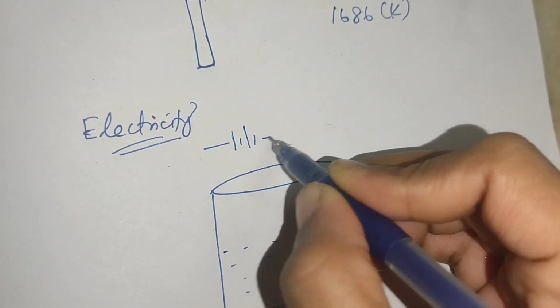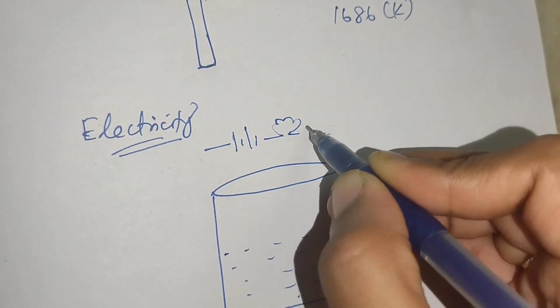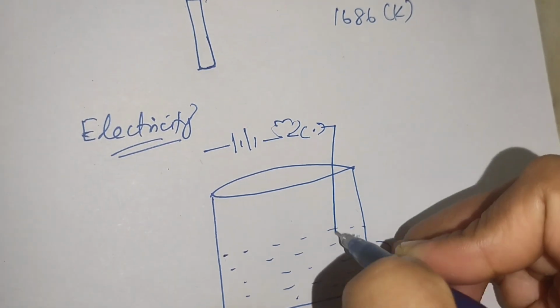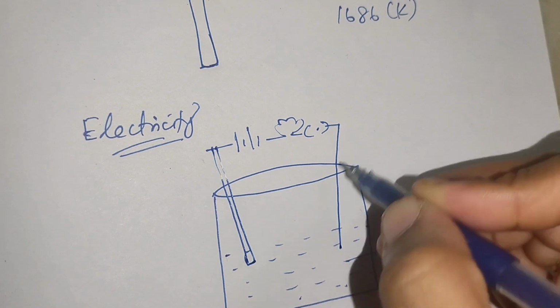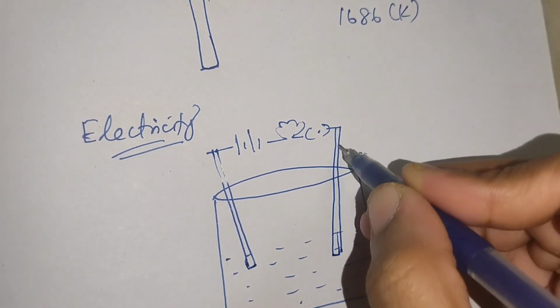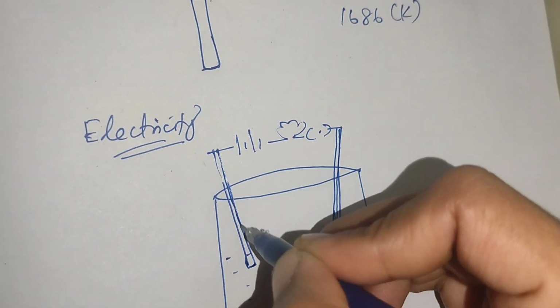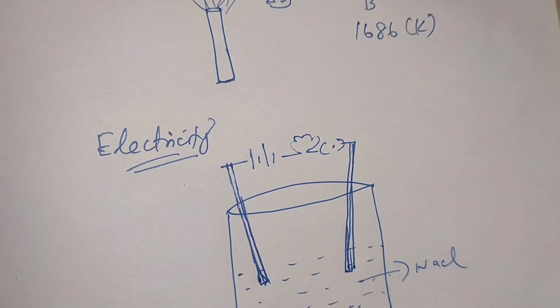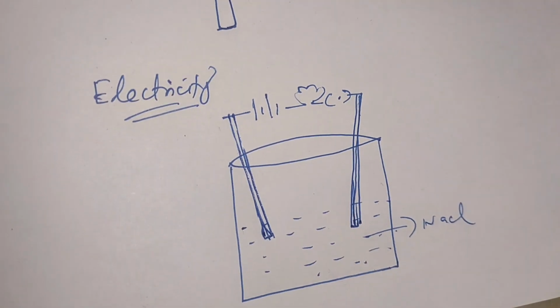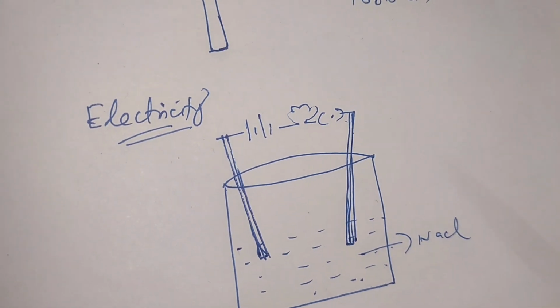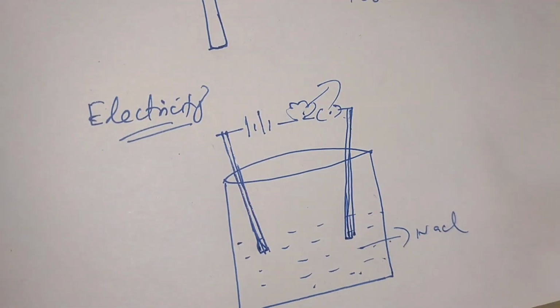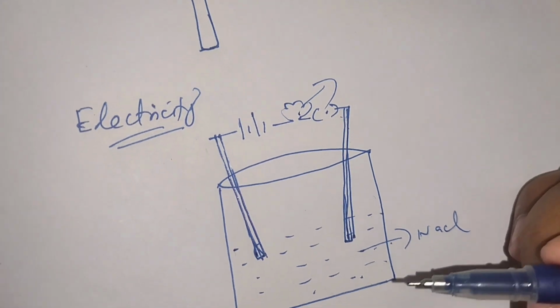This is a battery and the bulb and the switch, and I am inserting the electrodes inside the beaker. Graphite rod electrodes I am inserting here. Okay, after a few minutes I am going to check, when I switch on the circuit, whether the bulb is glowing or not. Yes, of course the bulb is glowing. Definitely this salt solution is conducting electricity.